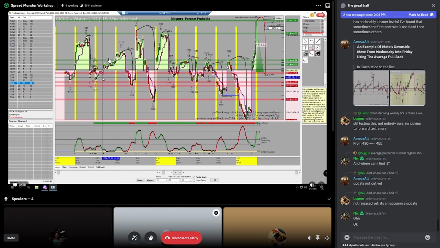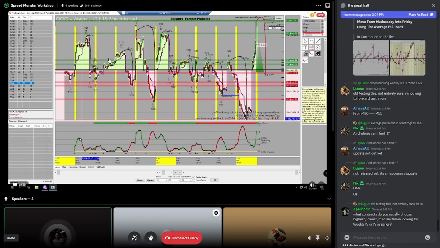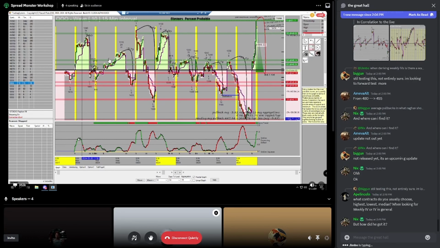In the 1.5 standard deviation zone, you can see that we have that flattening of the standard deviation, and after that we either had a reversal or a cooldown in the price action. So this is the main usage of the standard deviation.